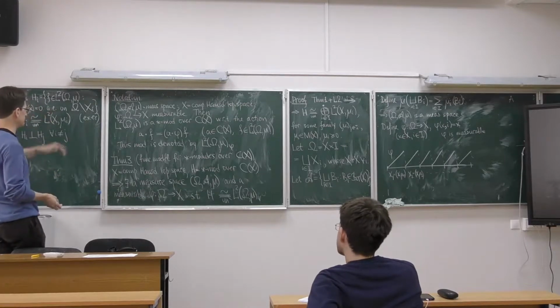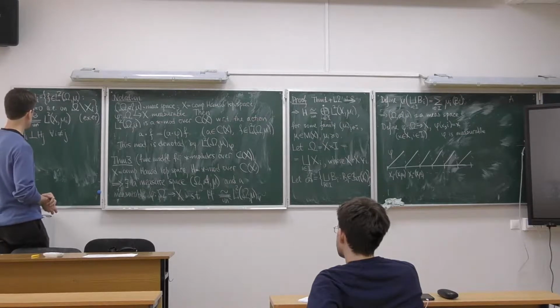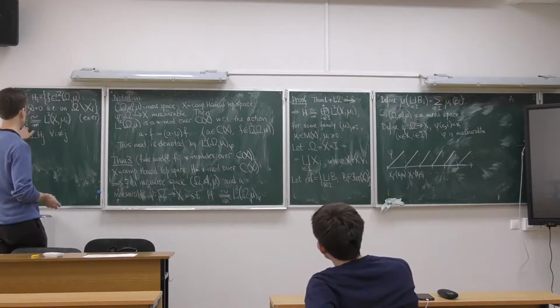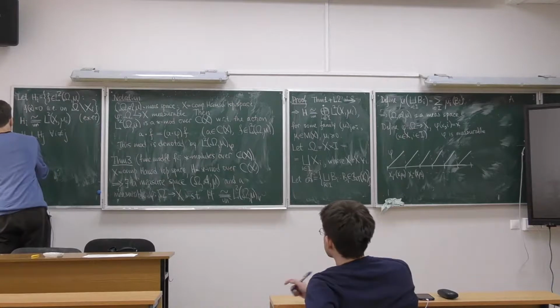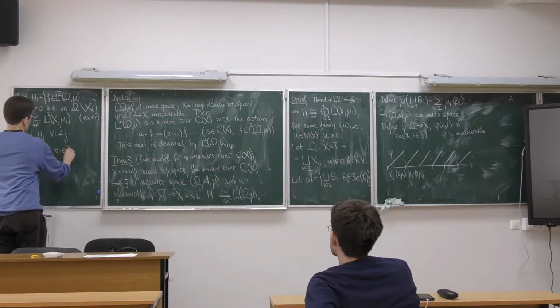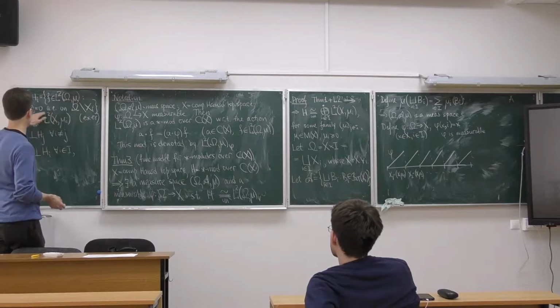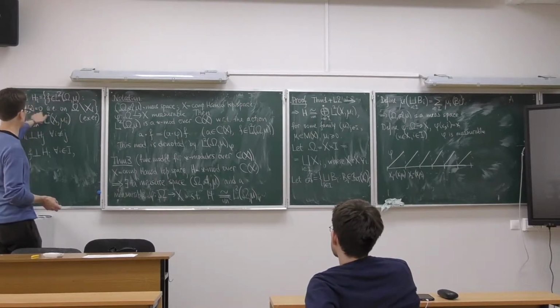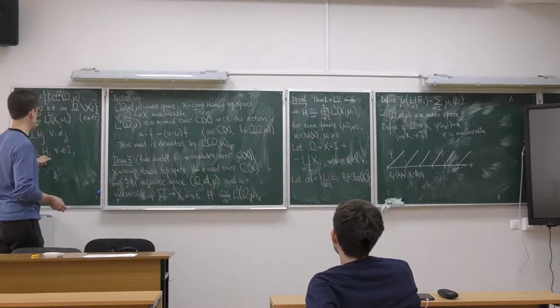This is clear from the construction because the sets X_i are disjoint. And let's show that the sum of these submodules H_i is dense in L2 of Omega. Well, if we have a function f which is orthogonal to each H_i, what does that mean? First of all, if we fix little i, that means that our function is orthogonal to all such functions which are concentrated on X_i. But this means that f actually vanishes on X_i.